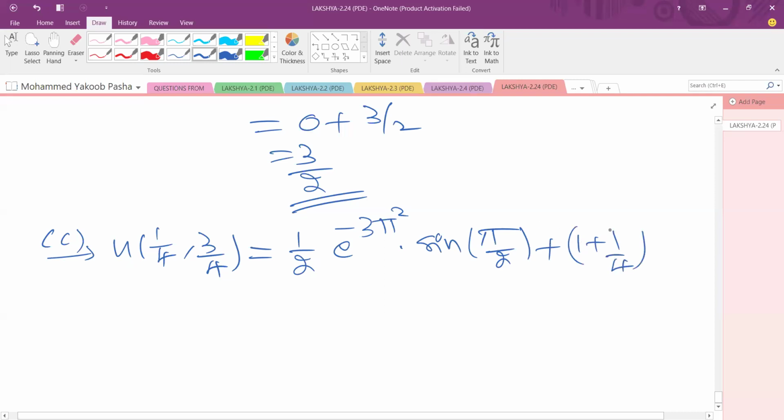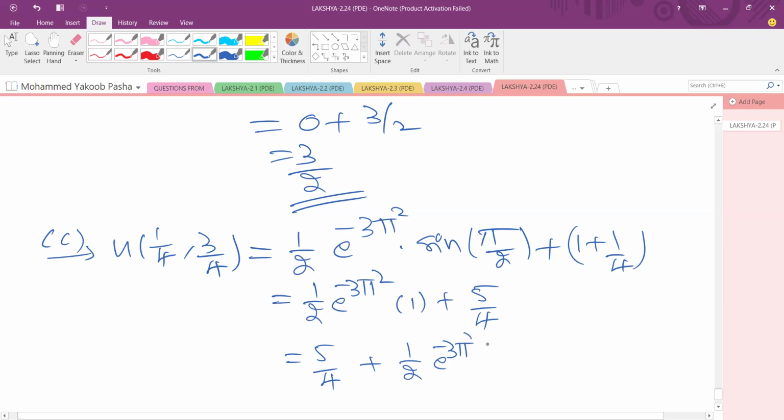So this is equal to 1/2 e to the power of minus 3 pi square, sin pi/2 is 1, and this is 5/4. So it will be 5/4 plus 1/2 into e power minus 3 pi square. This is the given option, so option C also correct.